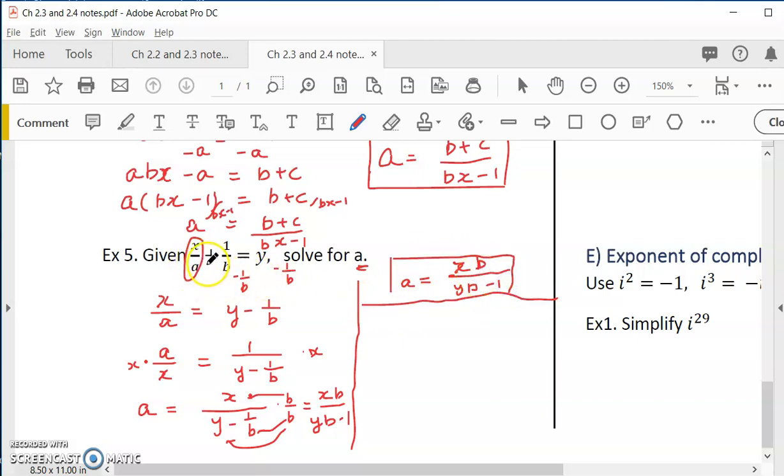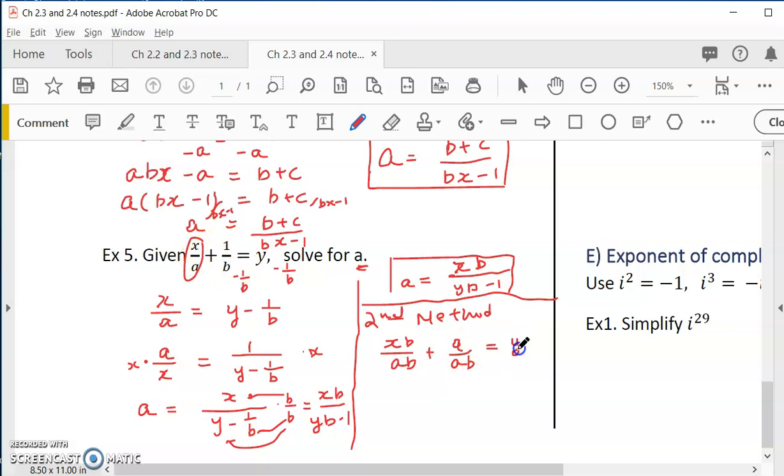Another method to solve this is to use a common denominator. So, second method. Very often there is more than one way to solve it, but you would get the same answer. So you would say, well, I have x over a plus 1 over b. Why don't I do the common denominator? So I have xb over ab plus a over ab, because I'm going to multiply this by a and multiply this by b, right?